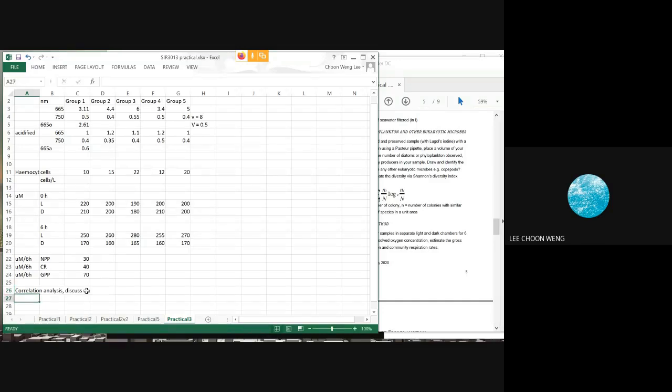Discuss whether chlorophyll A is a good proxy for your phytoplankton cells.